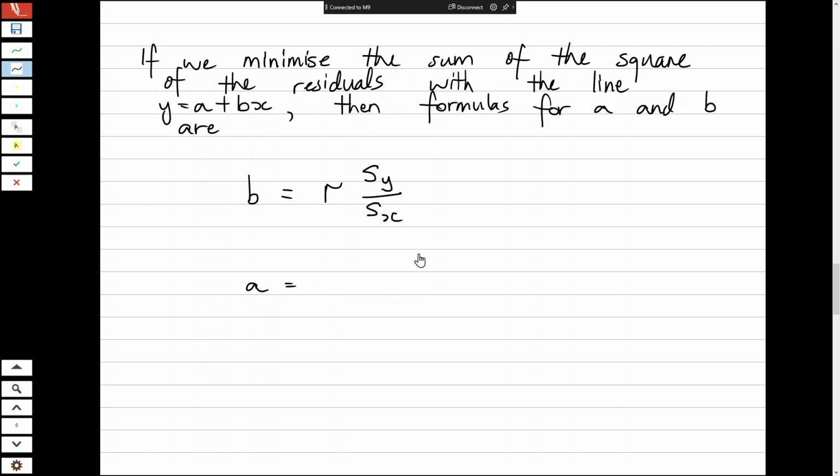The slope is defined by R, the correlation coefficient, which we met last lesson, the standard deviation of y and the standard deviation of x. The intercept, a, is defined like this. It's the mean of y minus the slope we just calculated times the mean of x.